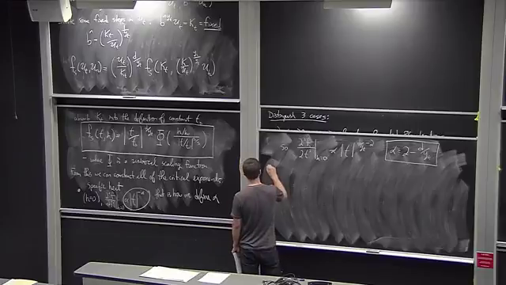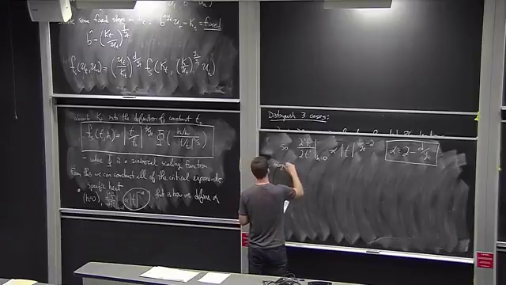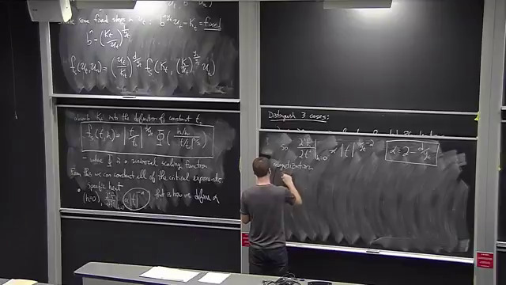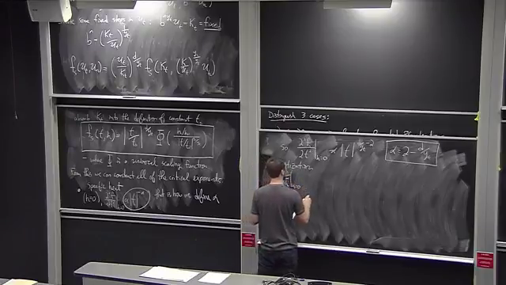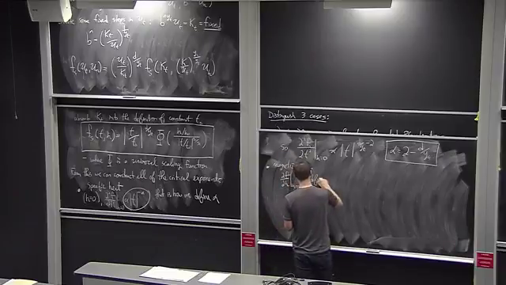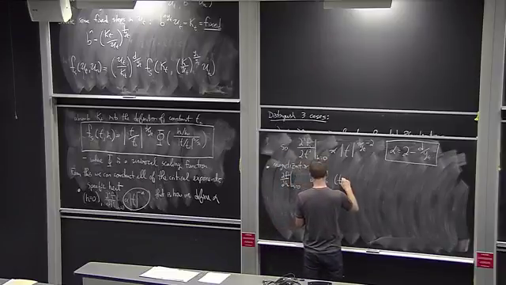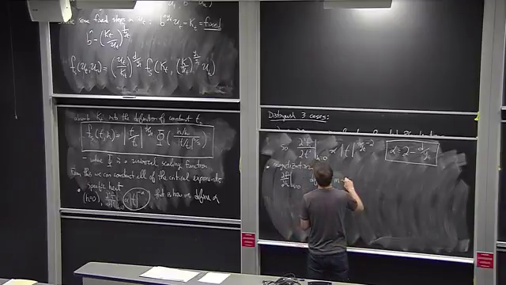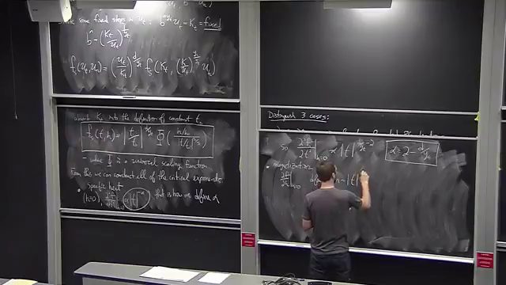What's the next one? Let's do the magnetization. This one you need to leave in the field because it's a derivative of f with respect to h. Then you set h equal to 0. How does this work? It's m. M goes as t to the beta, right?